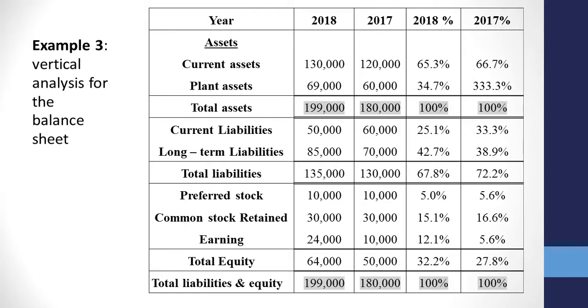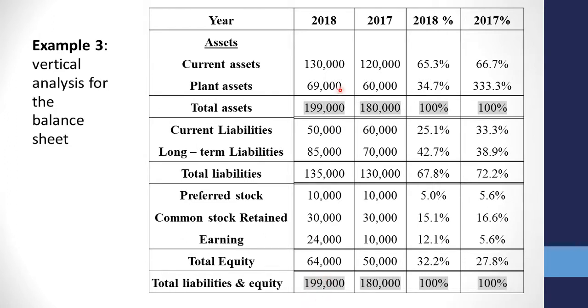To solve the example, you are going to make a column for 2018's percentage and 2017's percentage. To get the vertical analysis for any balance sheet, you just divide every item from the given balance sheet by either the total assets or the total liabilities and owner's equity for the same year.